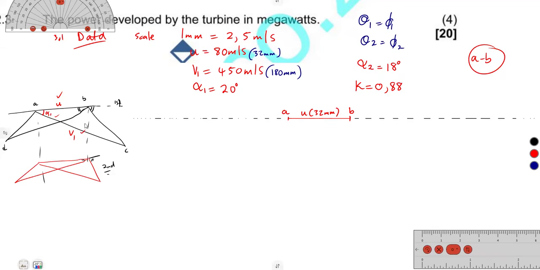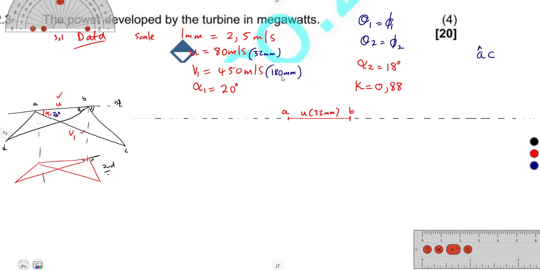And we can see from the first diagram, from point A, using the angle and the value of velocity there, we can have this line AC. So we want to construct the line AC from point A at what? At the angle of 20 degrees here.